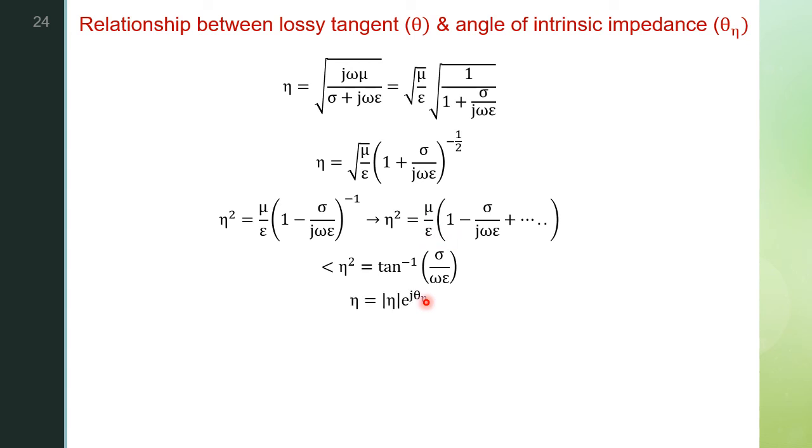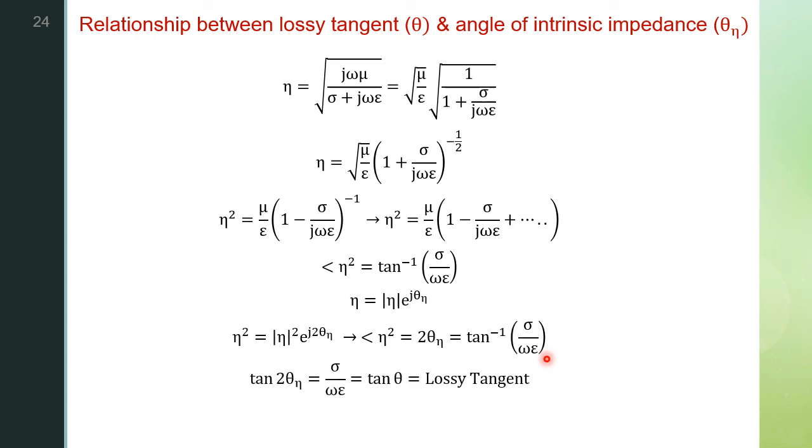When you consider eta, it has a magnitude and an angle, so it is magnitude eta e raised to j theta eta. When you take the square, it is eta square equal to magnitude of eta square e raised to j 2 theta eta. So the angle of eta square is 2 theta eta, and this is equal to tan inverse sigma by omega epsilon.